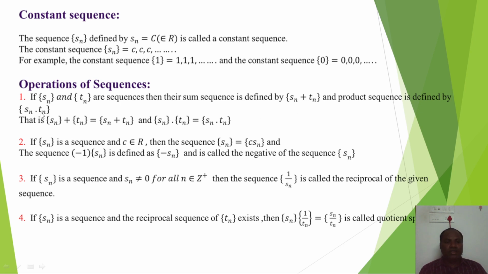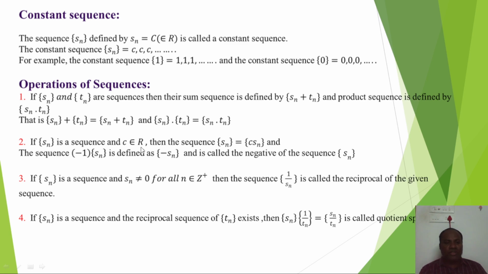This is the first operation. Sequence Sn plus sequence Tn is equal to Sn plus Tn in the same sequence. Sequence Sn into sequence Tn is equal to Sn into Tn in the same sequence.